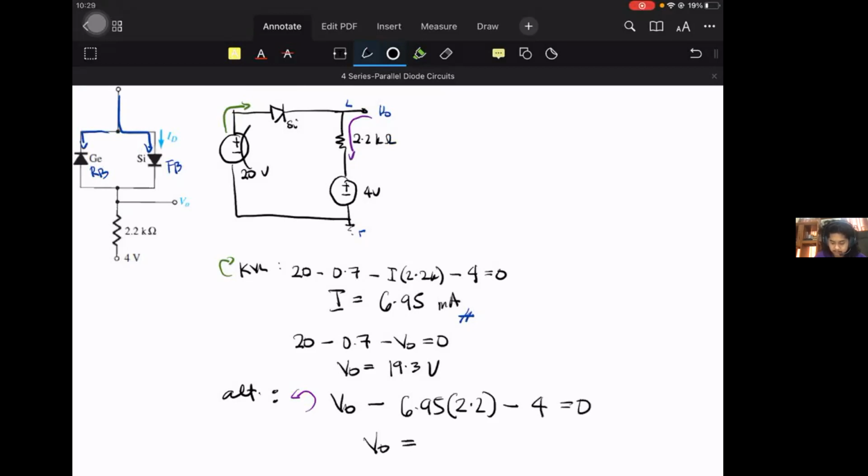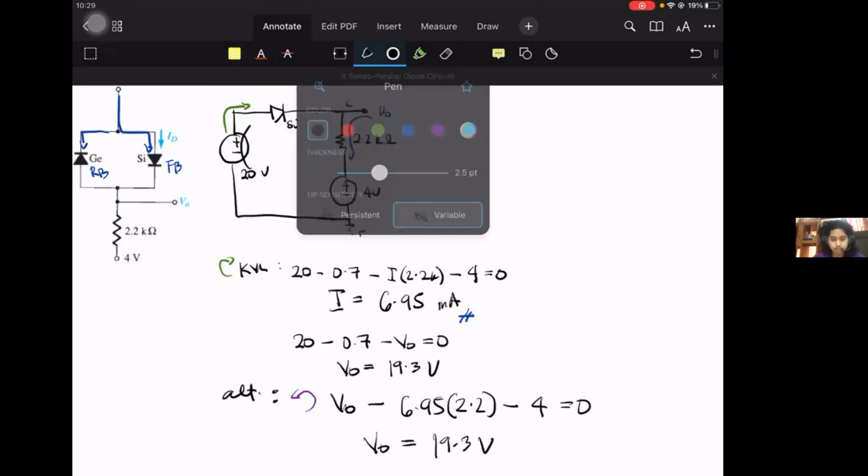Therefore, VO is still equal to 19.3 volts. Checking: 6.95 times 2.2 plus 4 gives 19 point something. So the answer is the same.